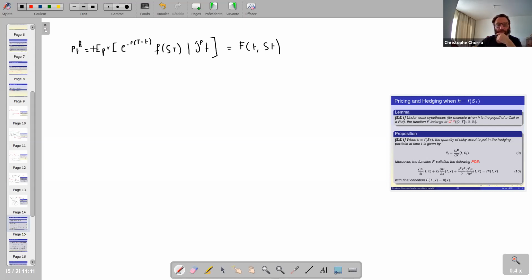In particular, we know that P_T H tilde, by definition of the price, is a martingale.